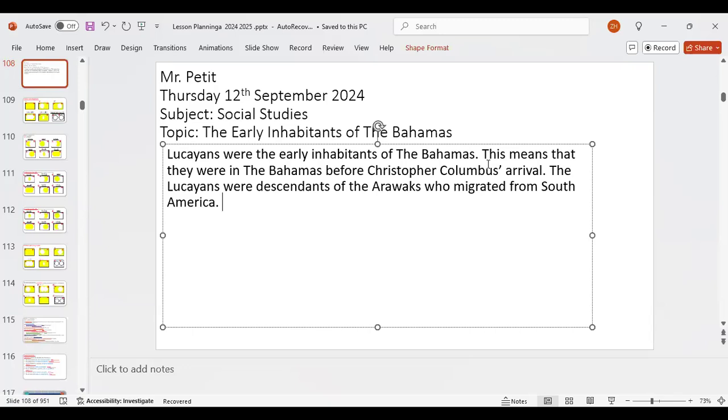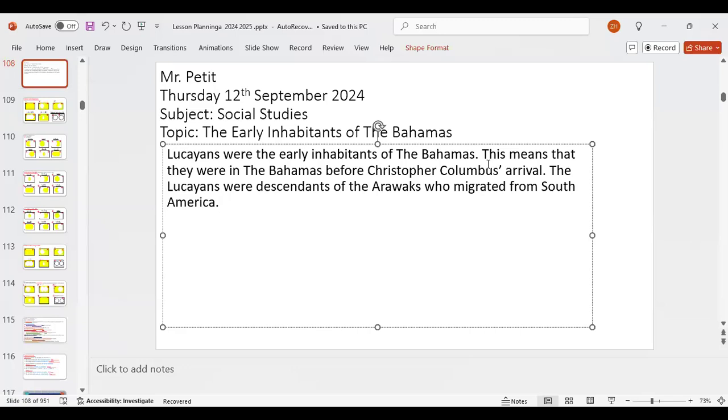Now we're going to be talking about how they looked. What physical features did they have? They had paint on their face. Painting on their face. What else?